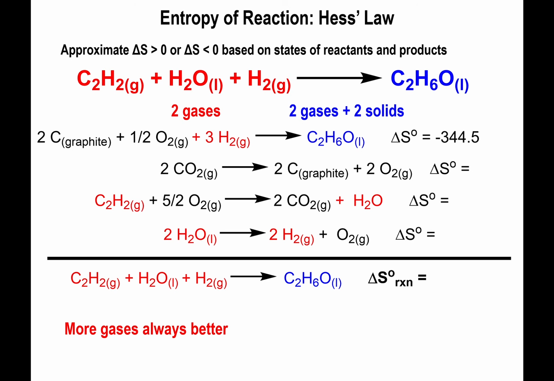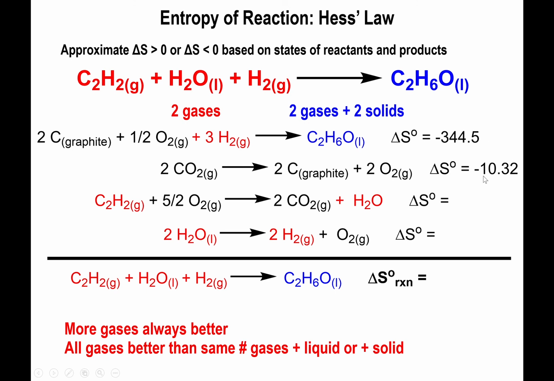And if we reassess what we got before, the change in entropy was barely negative 10, so it's almost in the neutral state, right? Because you have two gases to begin with, two gases to end up with. Here you just have to think about the masses. You had more mass of gas before than you do now, which makes the slight difference.